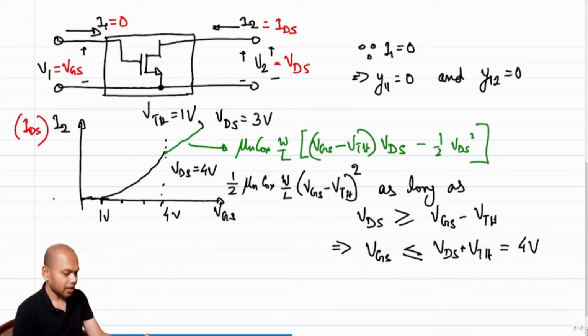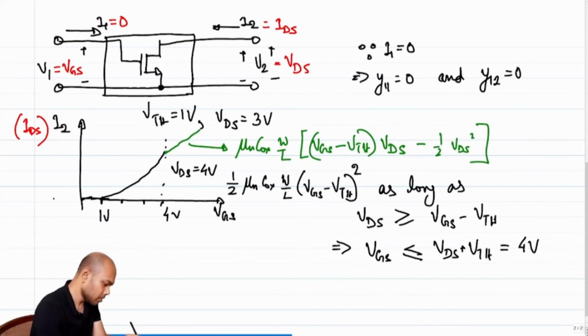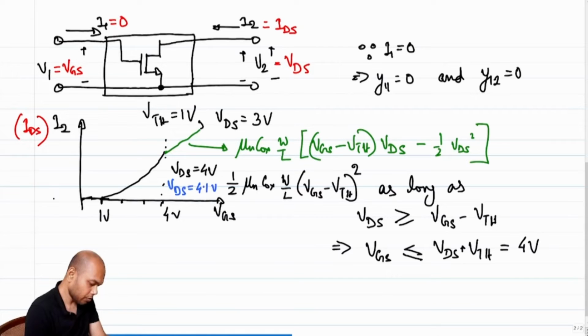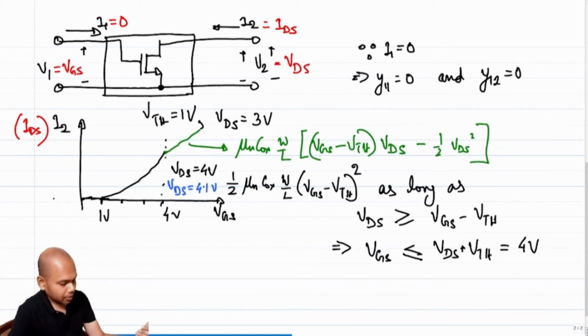Now let's say I increase VDS from 4 volt to 4.1 volt. What do you think is going to happen to the curve? What do you think will happen to the saturation region curve?